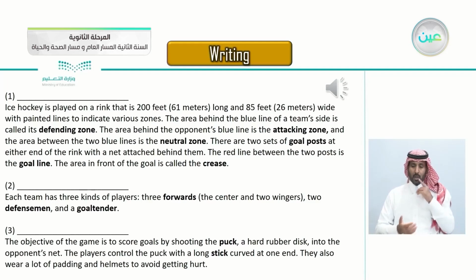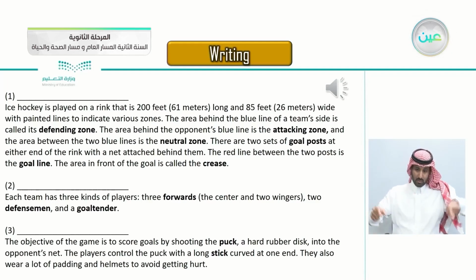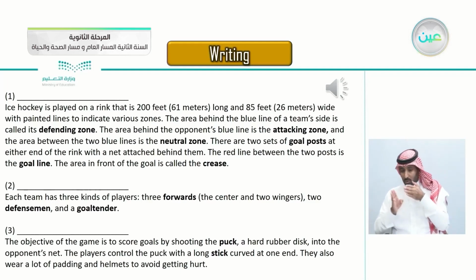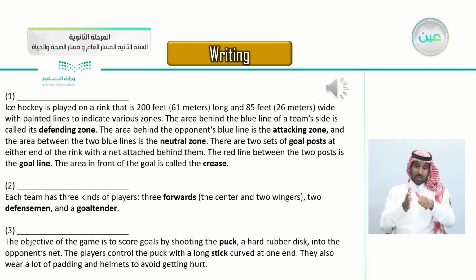Ice hockey is played on a rink that is 200 feet, 61 meters, long and 85 feet, 26 meters, wide with painted lines to indicate various zones. The area behind the blue line of a team's side is called its defending zone. The area behind the opponent's blue line is the attacking zone, and the area between the 2 blue lines is the neutral zone. There are 2 sets of goal posts at either end of the rink with a net attached behind them.